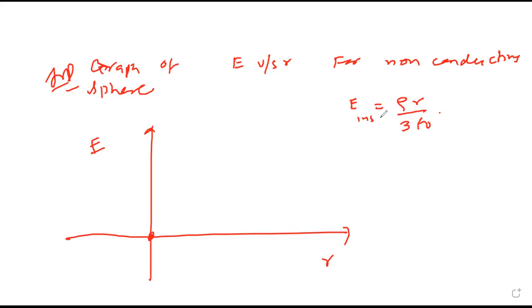That means rho is constant, 3 constant, epsilon constant. What is the relation between E and r? Direct or inverse? Right. Direct. So it will be a linear graph till it comes on the surface. Then inversely proportional to r square. So this is the nature of the graph if point is inside the solid non-conducting sphere, on the surface, and outside. Copy.